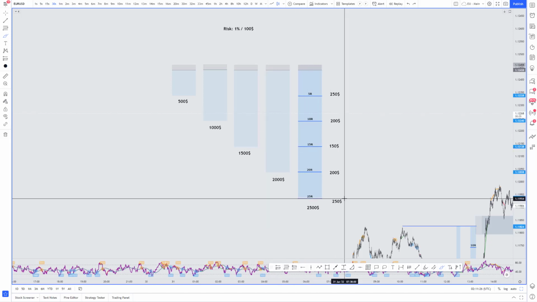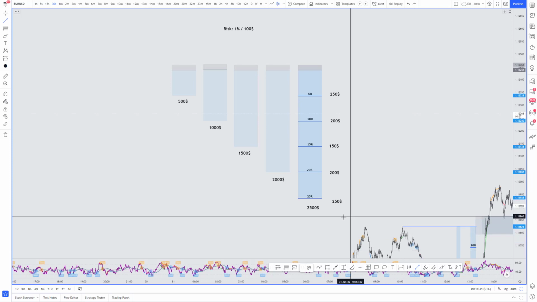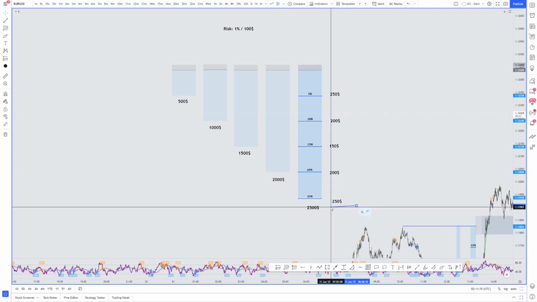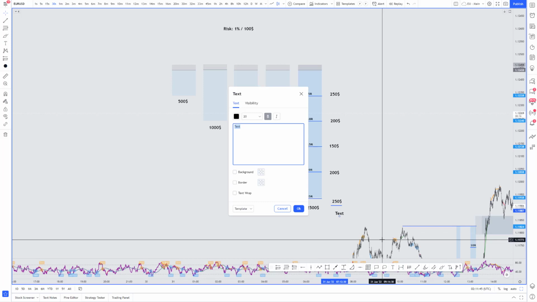What you have at this point is a $1,050 trade. So if we just add all this up, hypothetically speaking, this would be $1,050.